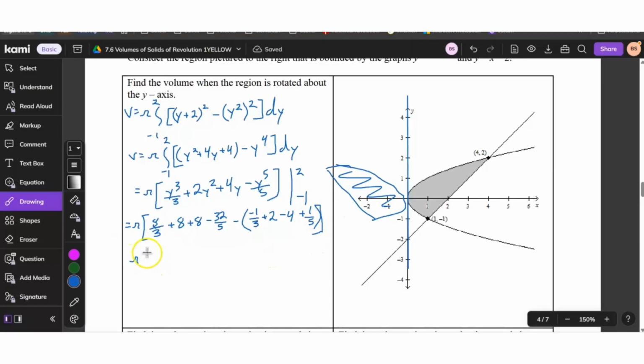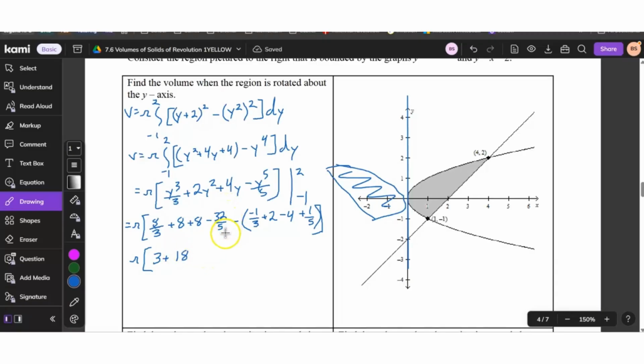All right. Then we just combine all those like terms. So 8/3 minus -1/3. That's like 8/3 plus 1/3. That's 9/3. That's 3. 8 plus 8 is 16. Over here, it's 2 minus 4, so -2. So 16 minus -2, 18.